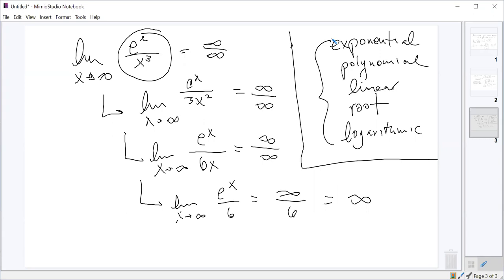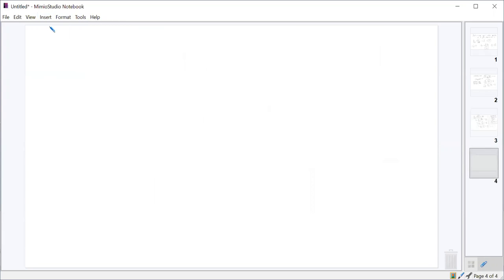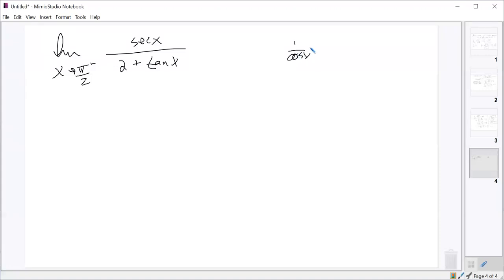So another way that we might end up with something that's infinity over infinity, and they will occasionally, once every couple of years, put these on. And since there was no multiple choice last year, it's hard for me to make a judgment about it. But suppose we were going towards pi over 2 from the left, and we had the function secant x over, I don't know, about 2 plus tangent x. And we note that as we plug in pi over 2 to secant, because that's 1 over cosine. What's the cosine of pi over 2?